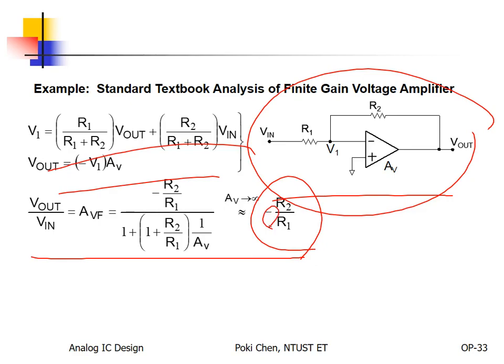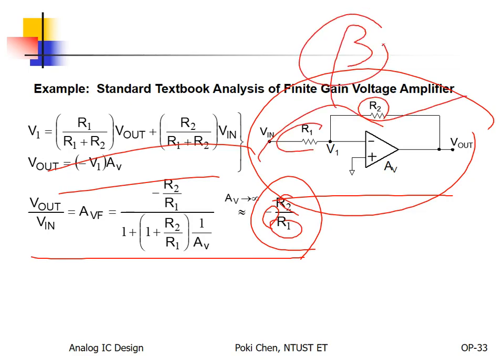Because the gain is minus R2 over R1. That's it. And again, R2, R1 compose the beta network. I told you already, because usually they are of the same type, we can match the performance and the properties after fabrication if you do a good enough layout.